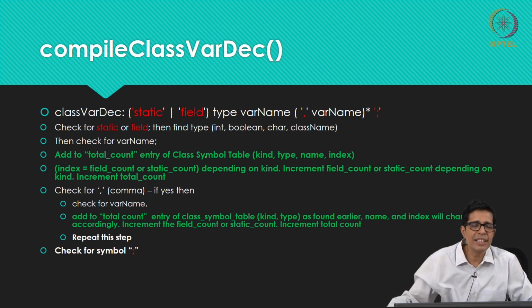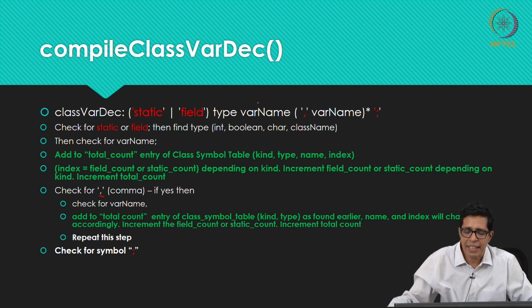Okay. So if I have static int I comma j, then that comma will be checked here, as you see here, and then again you check for var name. So add to the total count entry of the class symbol table. The total count is incremental, so the next entry will come there.